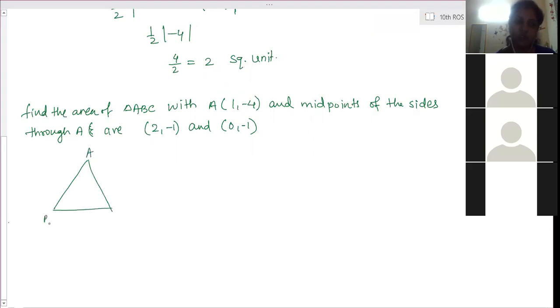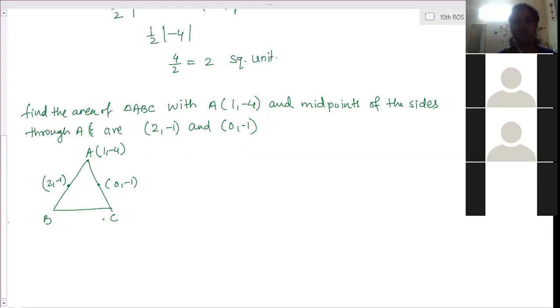Through A, two sides are there: one is AB and another one is AC. The midpoints of these two sides are given as (2, -1) and (0, -1), and A's coordinates are (1, -4). So you have to calculate the coordinates of B and C and then find the area of triangle ABC.